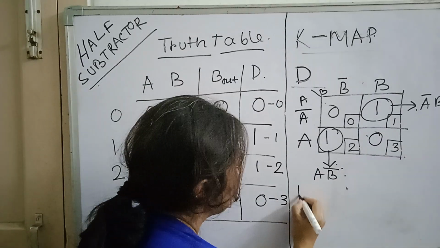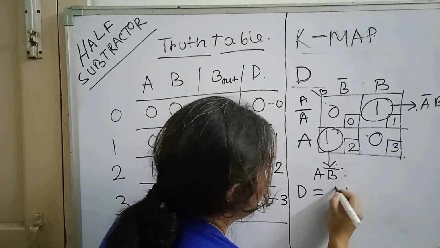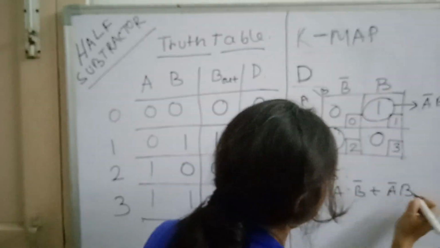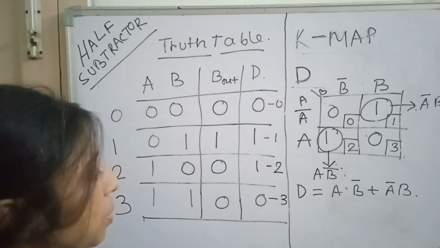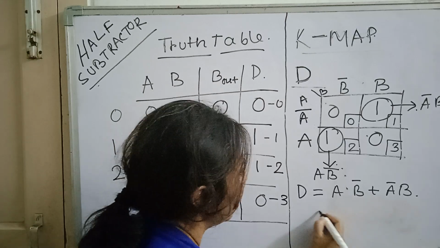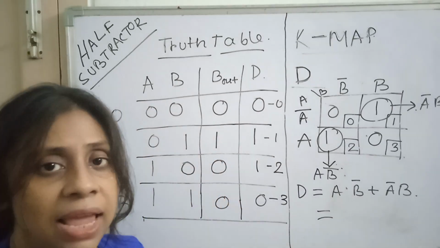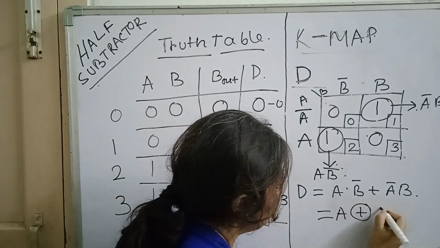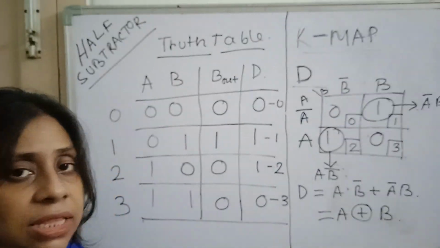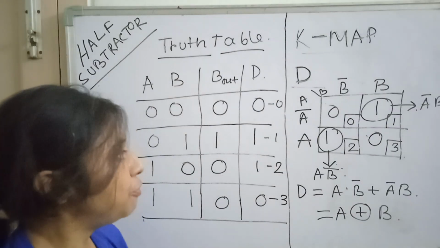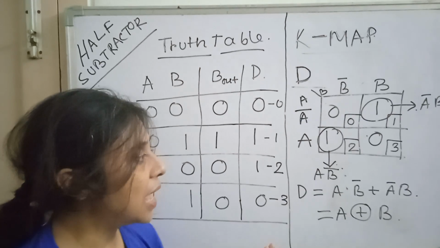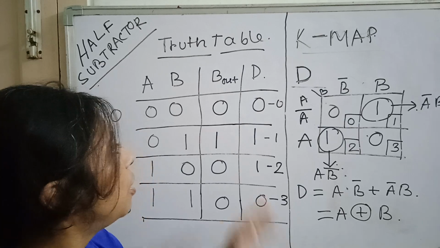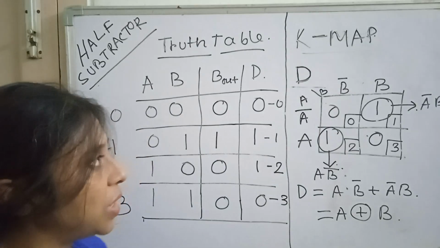For difference, the expression will be equal to A B bar plus A bar B. Now, A B bar plus A bar B we can write as A XOR B. So this is the output expression for the difference line.